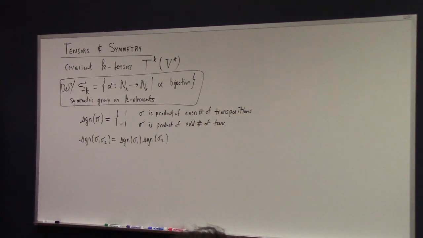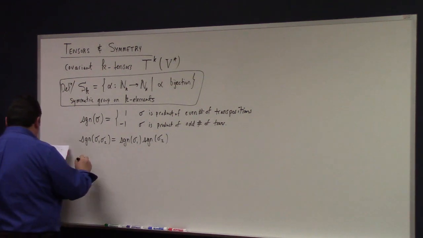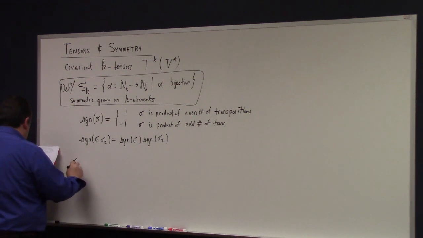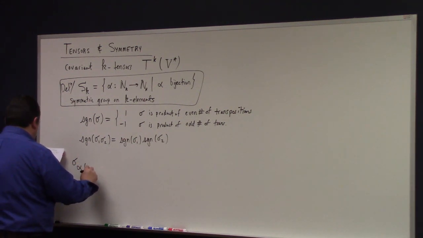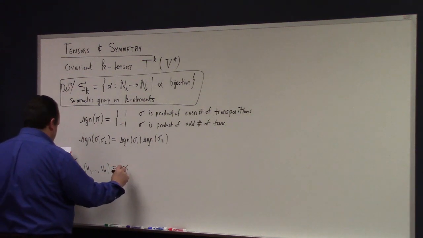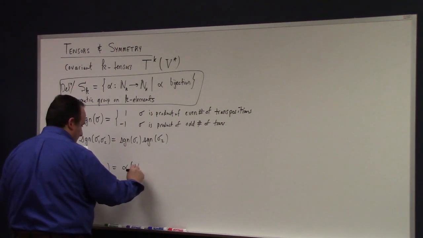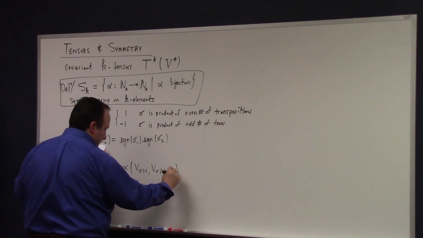So this is important because this is the nicest way to define a symmetric tensor, all right? His notation is this: sigma acting on alpha of v1 through vk is equal to alpha of v sigma 1, v sigma 2, through v sigma k.